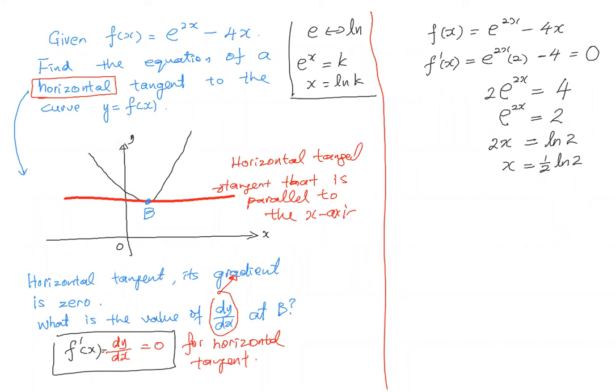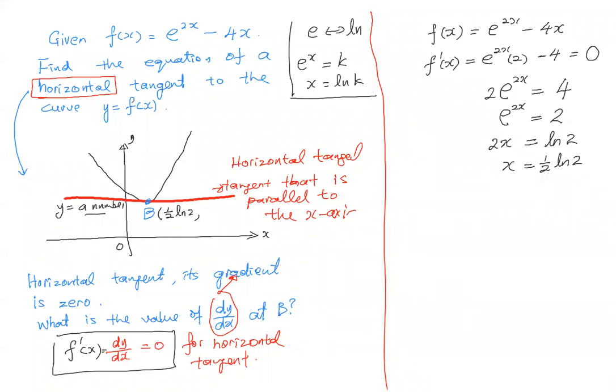How do you name the equation of a horizontal straight line? So the x coordinate for B is half ln 2, correct? So do I need to use y equals mx plus c? No need, because for a horizontal straight line, the equation is y equals a number.